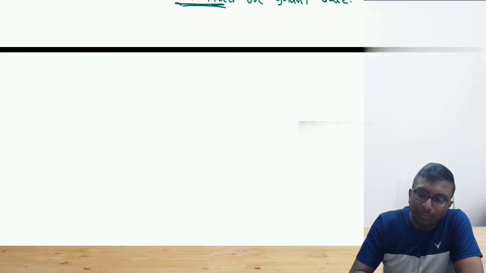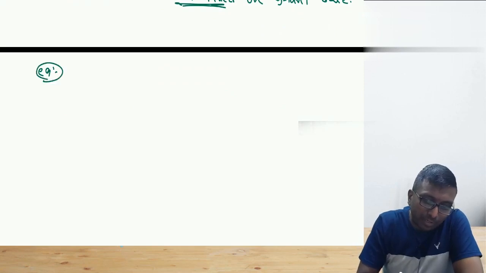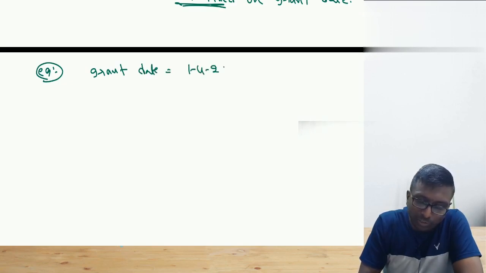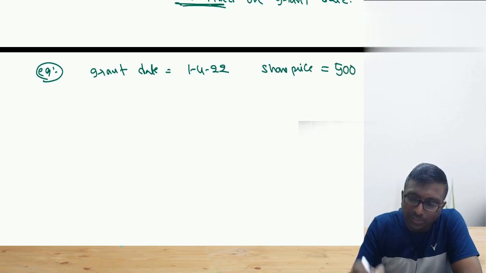SAR means simple, I'll tell you with an example. Today is the grant date, 1/4/2022. Today's share price, say 500 rupees.